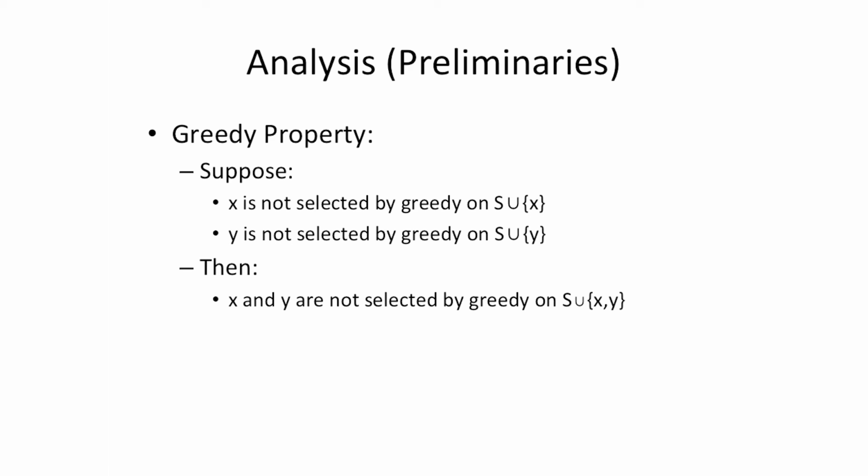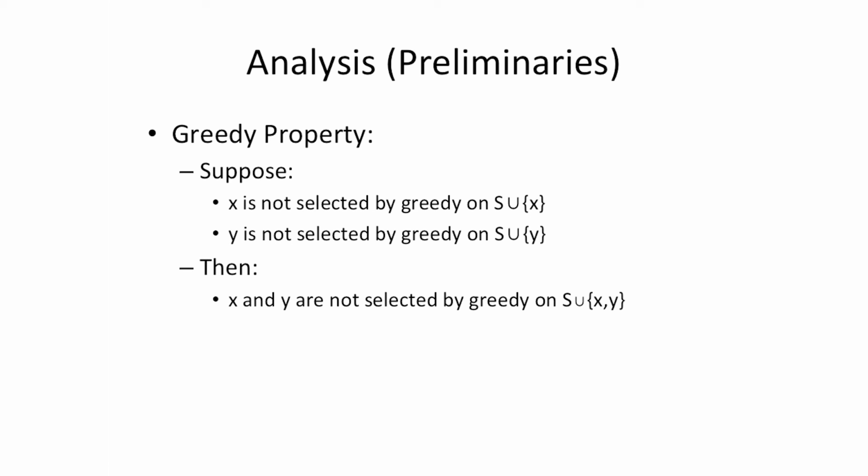And the same thing happens when we run greedy on S union Y. So that means that X and Y were not very good. So elements in S were better. So if we have both X and Y together with all of these elements in S, then greedy will not pick either X or Y. So on input S union XY, greedy does not select X or Y. So now that Y is there, it should not make X much more favorable.